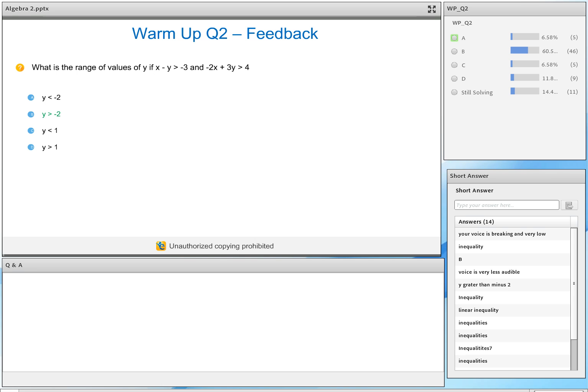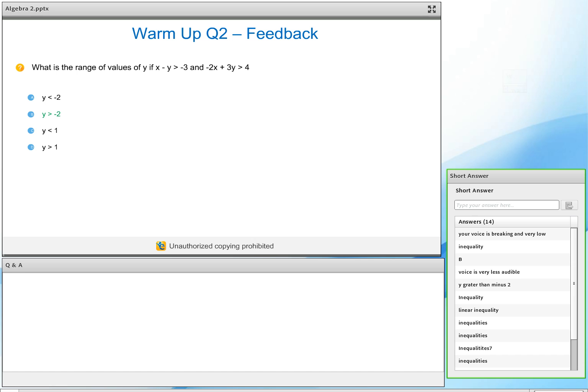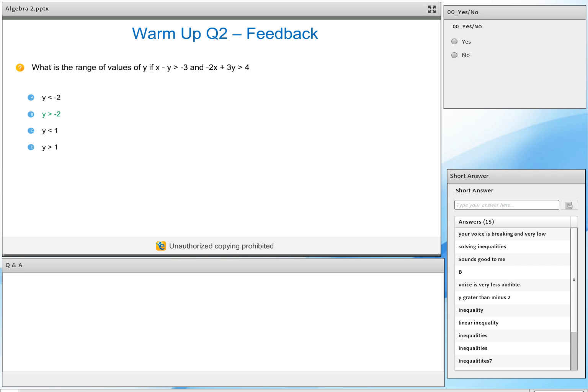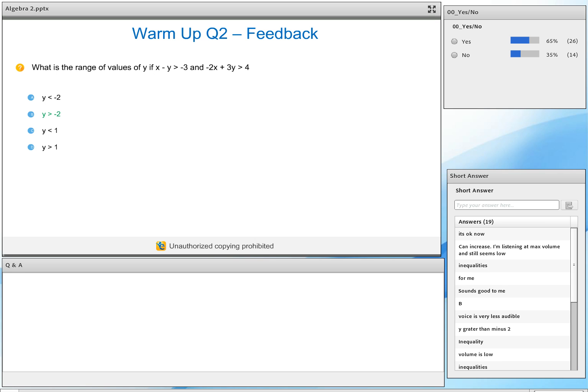Let me see. There are people saying that the volume is low. For how many of you is the volume low? I haven't changed anything since I started this session. For how many of you can I be heard clearly, with no problems with the volume? Okay, the majority of you can hear me clearly.